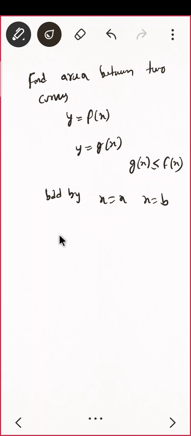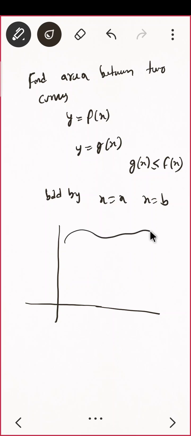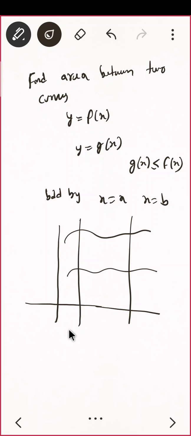So graphically, can you just quickly draw the things? y is equal to f of x, it will be something like this, and y equal to g of x, since g of x is less than or equal to f of x, it will be something here. Do you agree? And this will be x equal to a, x equal to b.